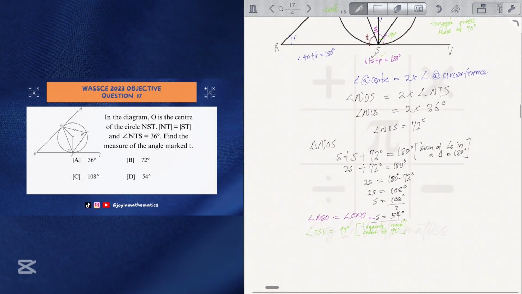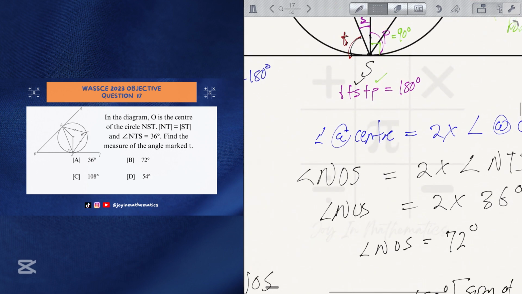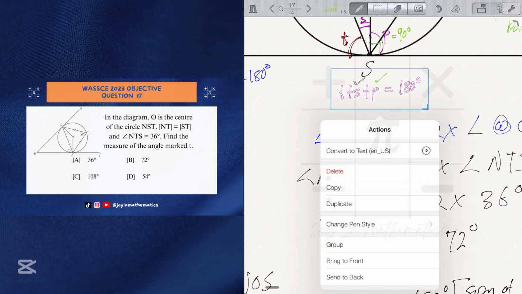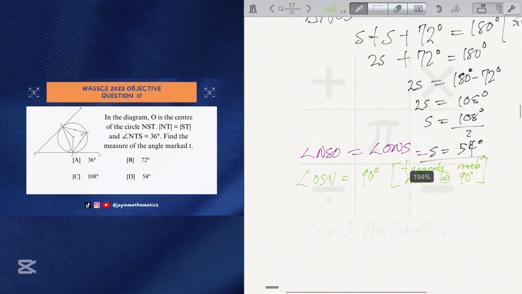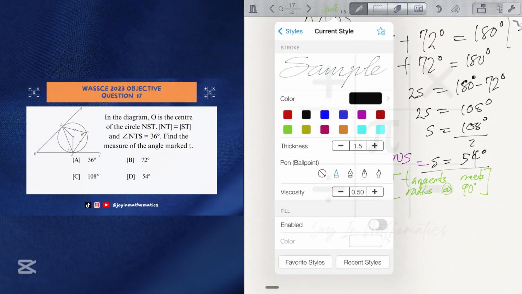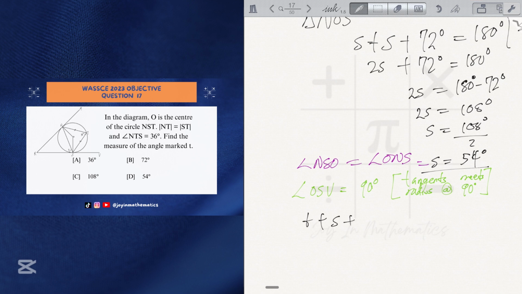So with view of that, we can now apply this principle that t plus s plus p is equal to 180 degrees. So let's just rewrite that here: t plus s plus p is equal to 180 degrees. P is equal to 90 degrees.